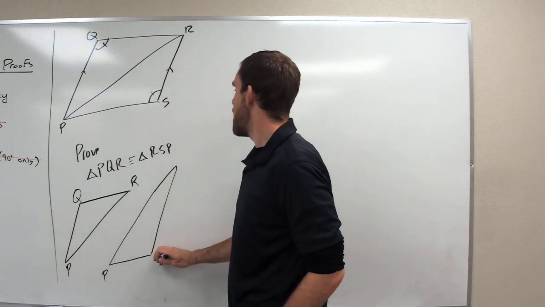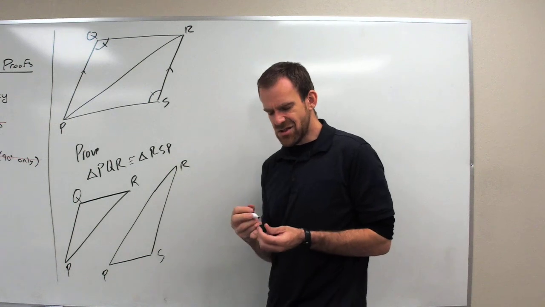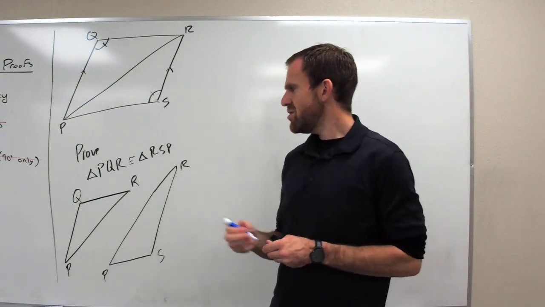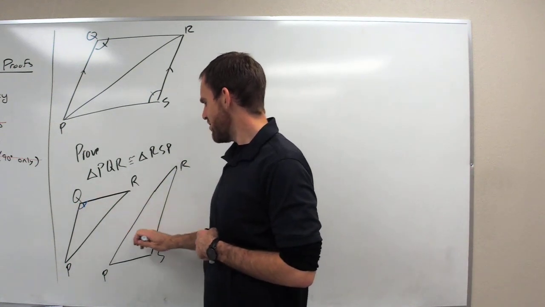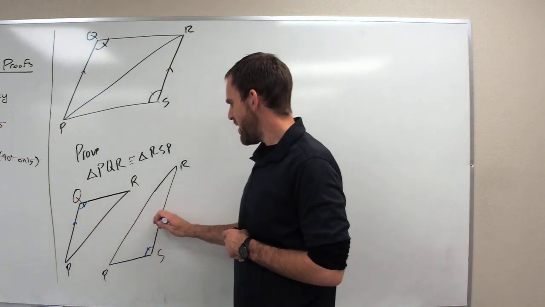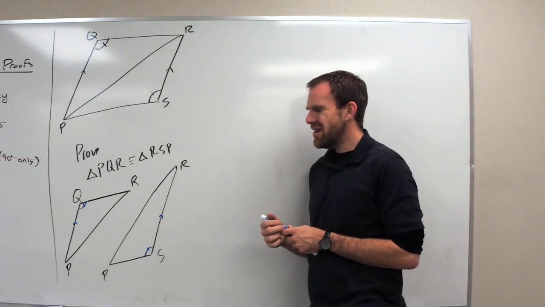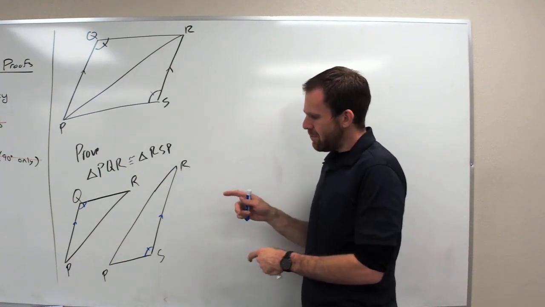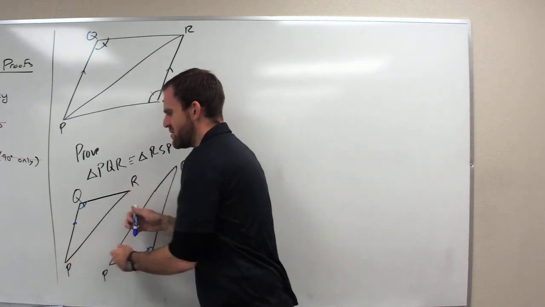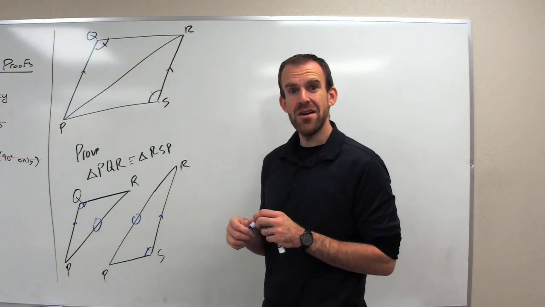P, S, R. Okay, now within these triangles, they gave me two pieces of information. That this angle is congruent to that one, and that these two lines are parallel. So I know nothing about the sides except for PR is the same as PR. I'm not surprised. So I know one side only.